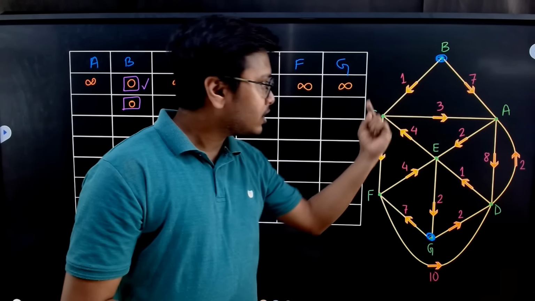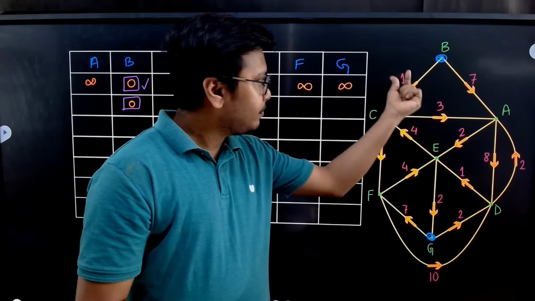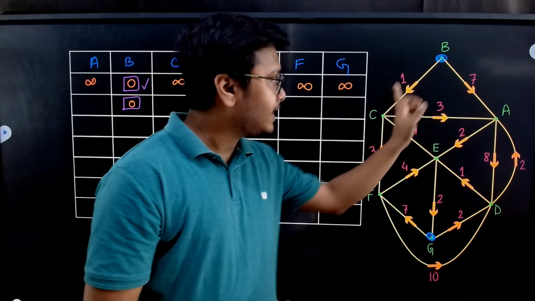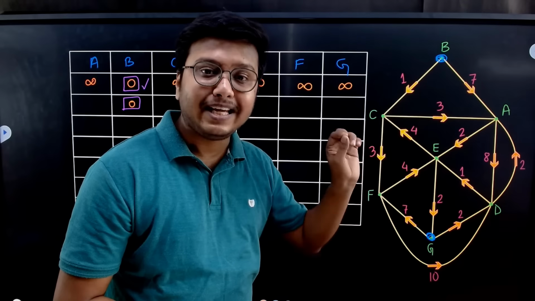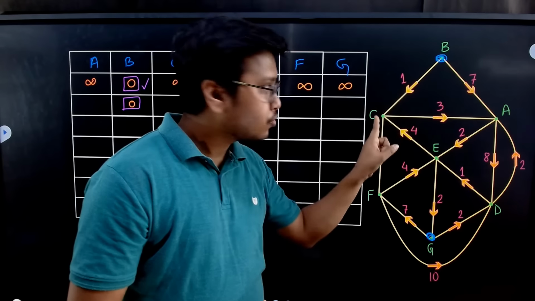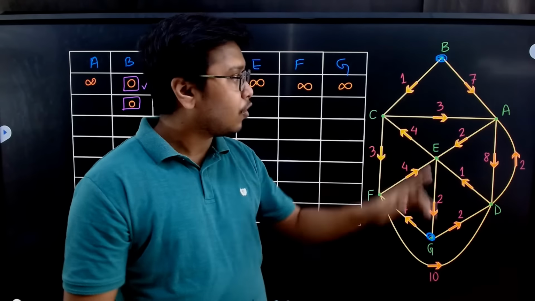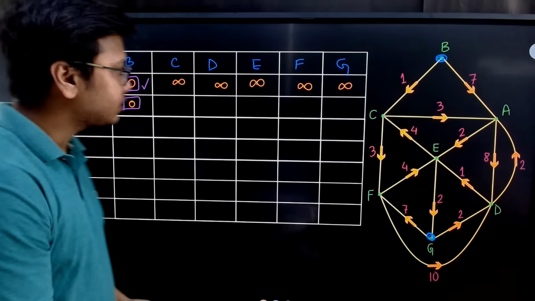So if we are going from B to C, then the corresponding weight is going to be 1. But if we are going from C to B, then that's not possible. So the corresponding weight will be infinity and not 1. So if we are opposing the direction, then the weight is going to be infinity and not the particular one which is written over here.